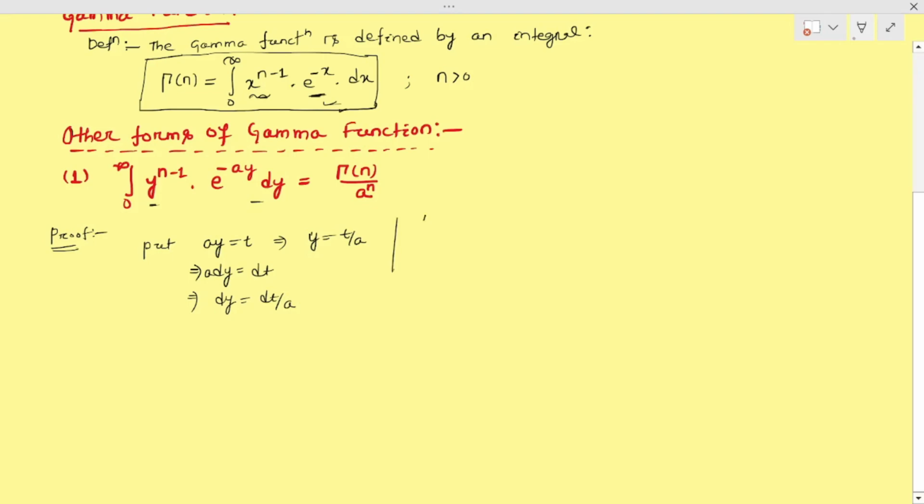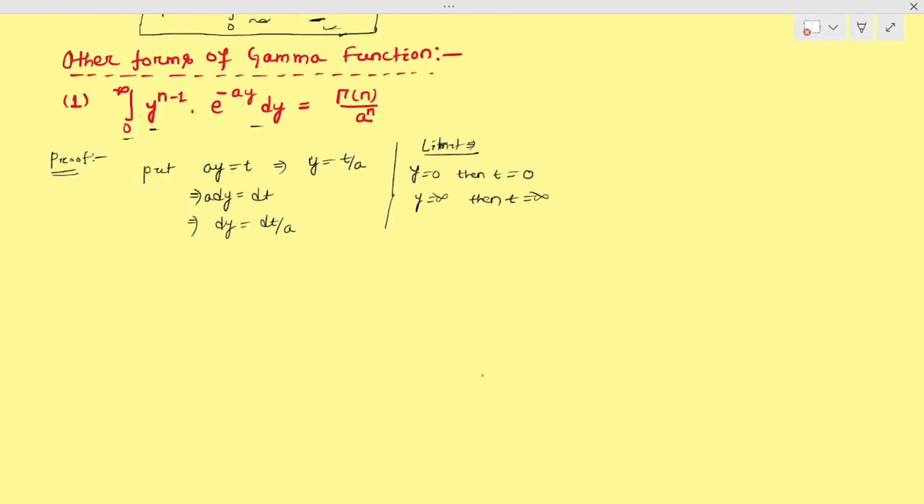Now we check whether the limits change. When y equal to 0, t also will be 0. If y is infinite, then t is also infinite.